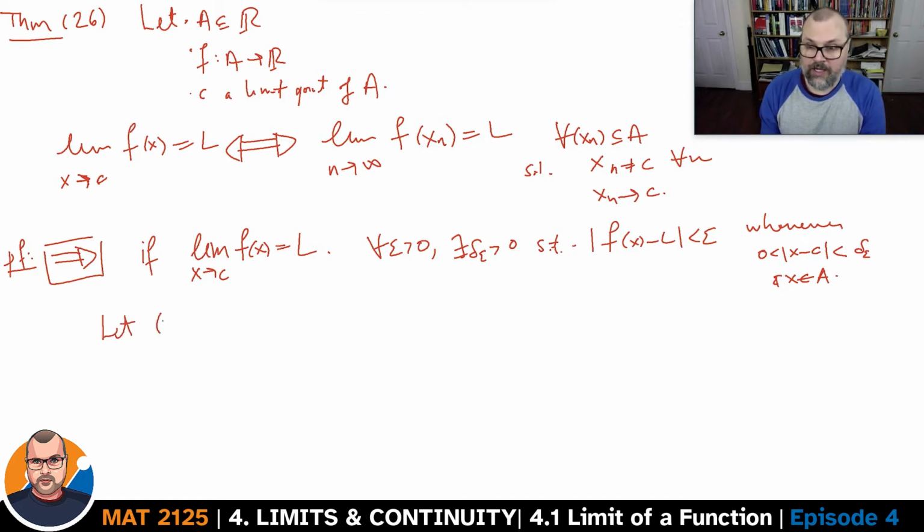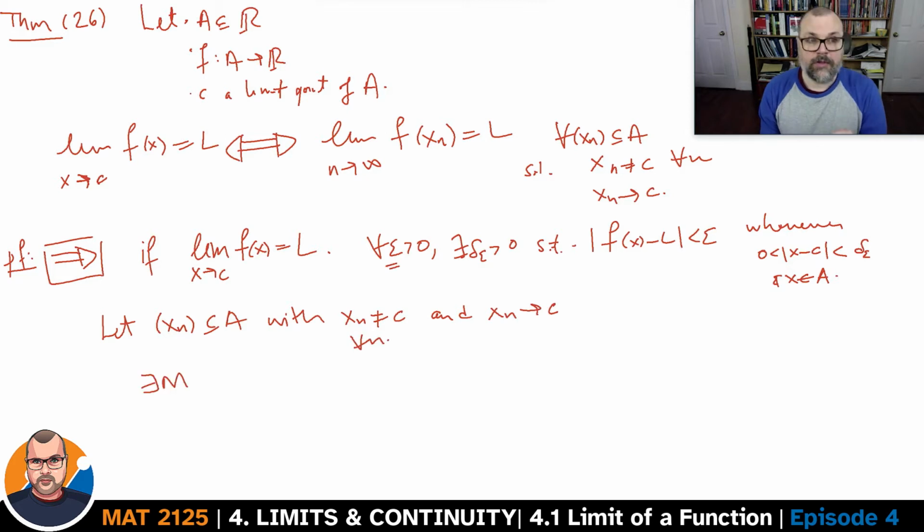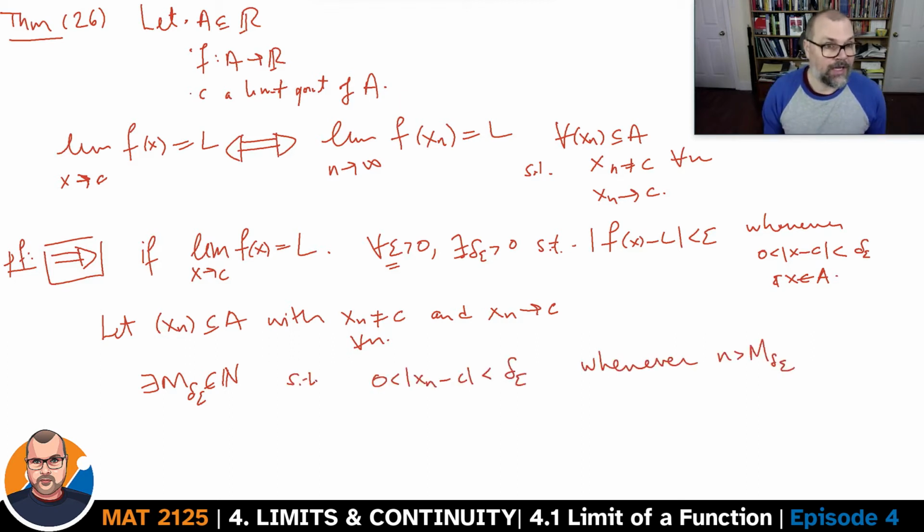So let xn be a sequence in A with xn not equal to c and xn converging to c. Because the sequence xn is convergent, for the positive quantity that has been picked here, the delta epsilon which corresponds to the epsilon, you can find an integer m, which depends on delta epsilon, such that the distance between xn and c is smaller than delta epsilon whenever n is greater than m delta epsilon.